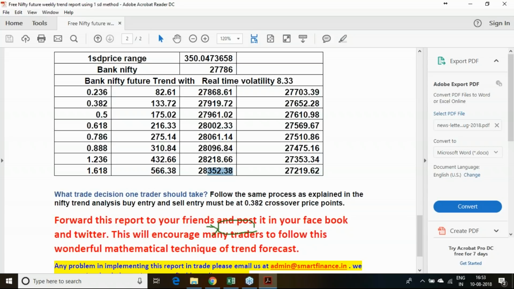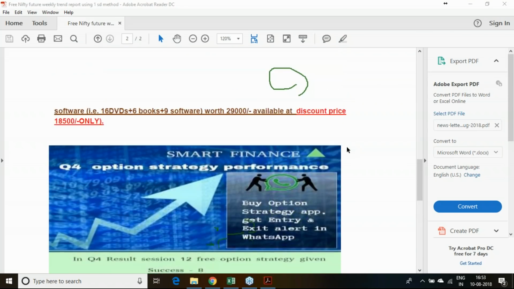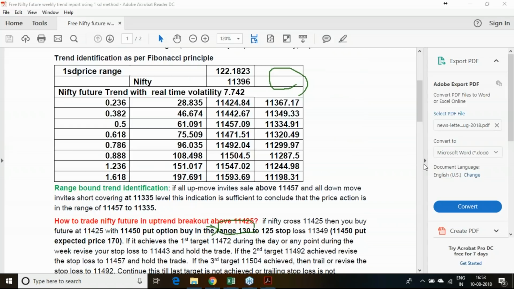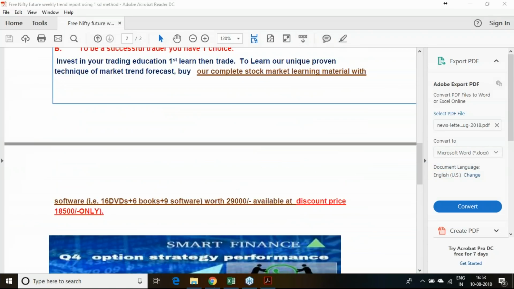So 20 to 30 points above it went, and from there the reversal happened, and it closed at 28,156. So these are the facts which say that the concept of volatility used in this particular method gives this precise accuracy.